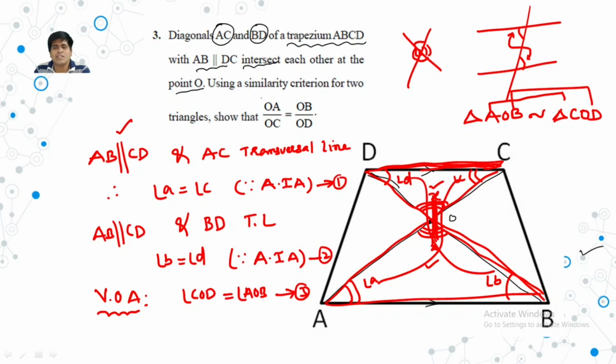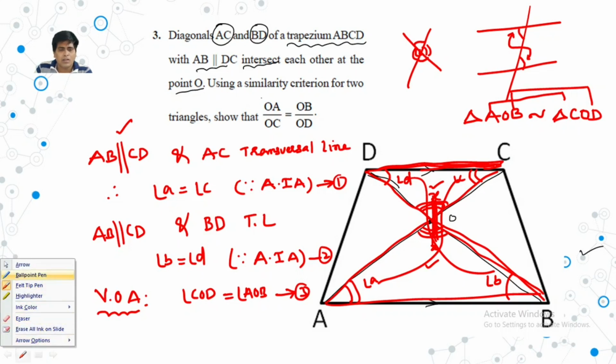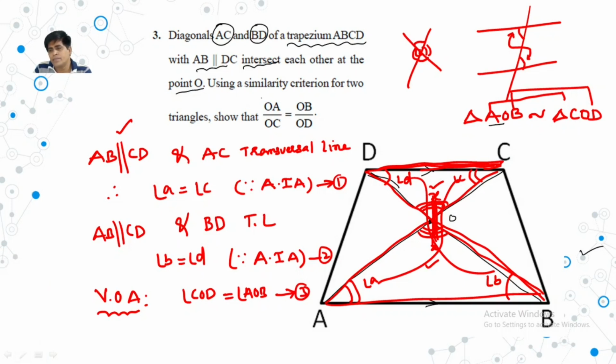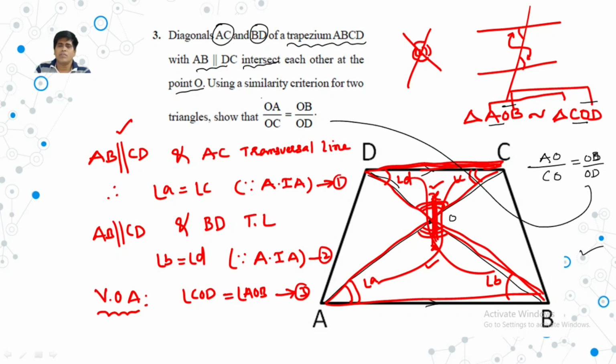When two triangles are similar, as you have already learned, their corresponding sides are also in proportion. So what are the corresponding sides here? Please look here: AO by CO is equal to OB by OD. This is what is required to prove. Whenever two triangles are similar, their corresponding sides are in proportion.